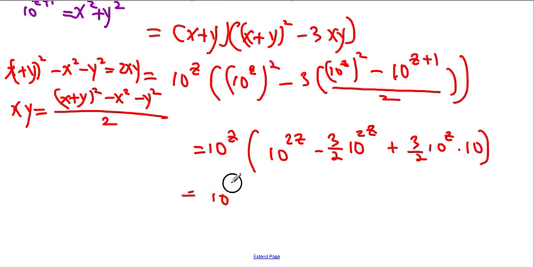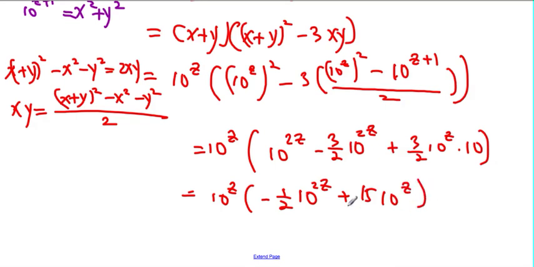Then 10 to the z power, and here minus half 10 times 10 to the 2z, and here we end up getting plus 15, because 10 and then 2 becomes 15 times 10 to the z power.